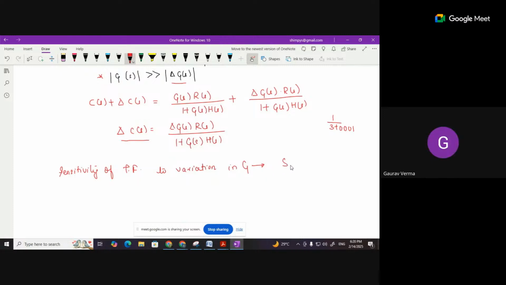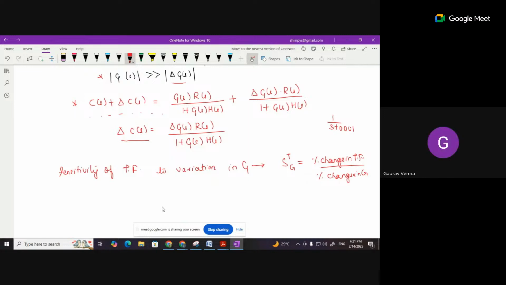I'll write it as S_G, with a subscript and a superscript. How can I express this? This is equal to the percentage change in transfer function. We've seen here how this transfer function changes by percentage change in G. Is it okay?